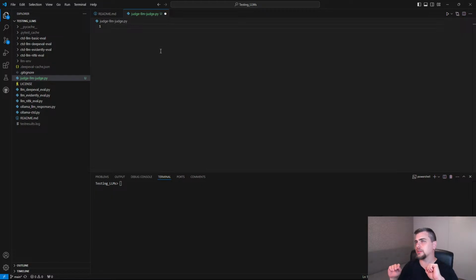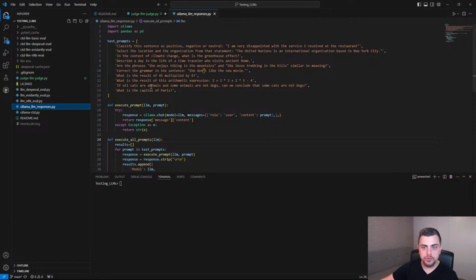So I would like to keep the scope of the original set of questions from when I tested these three locally deployed large language models. The situation is that we used judge LLMs when using DeepEval, because nearly every metric in DeepEval is judged by large language models.